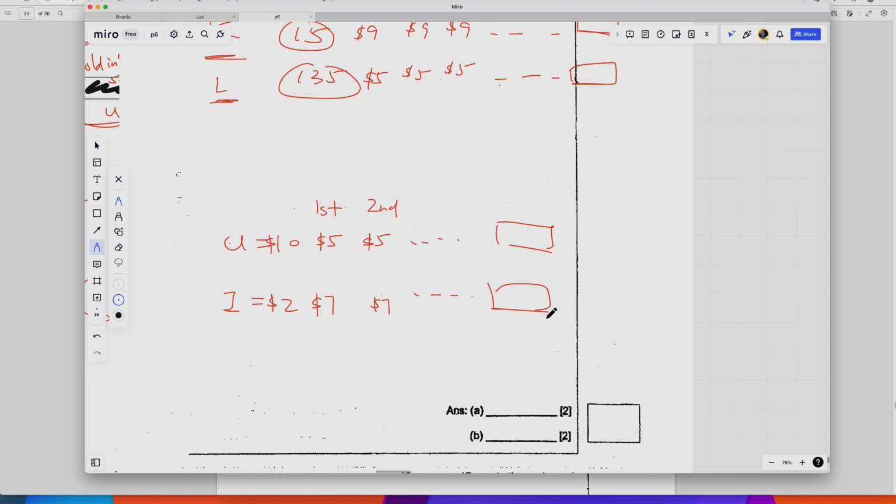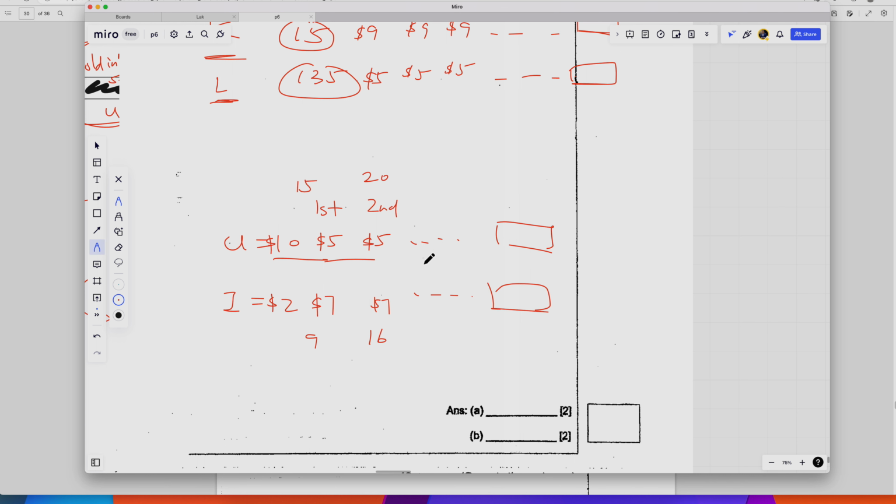How do you solve this kind of question? You start with 10, I start with 2. After the first day, what's the result? 15 and 9, right? After the second day, it's 20 and 16, right?